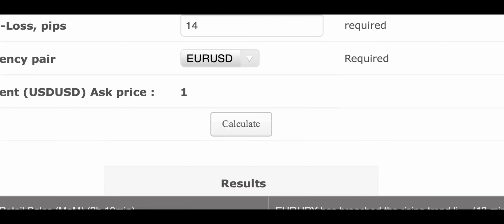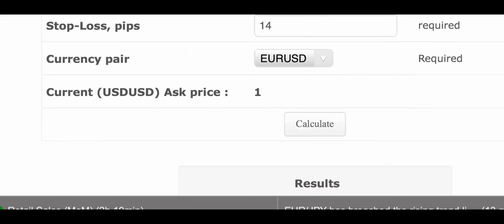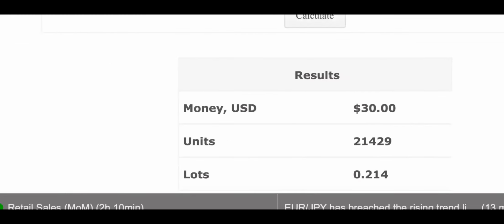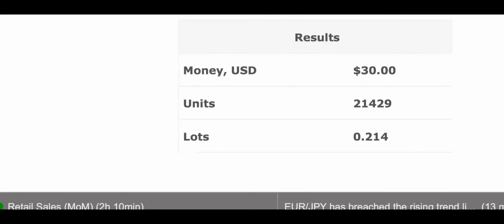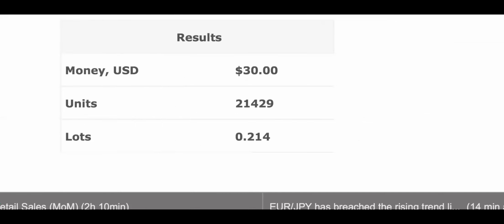Wait on it to update. So it's telling me, based off a $1,000 account, I'm risking 3%. That means I will risk $30. And then it tells me my lot should be 0.214. But in my case, I would just put 0.21.